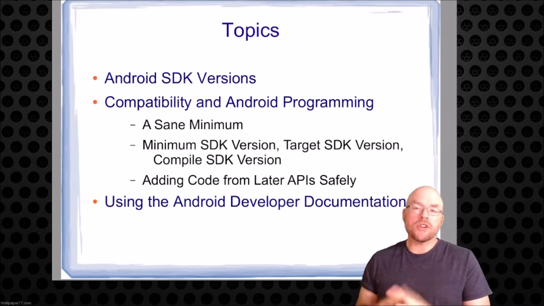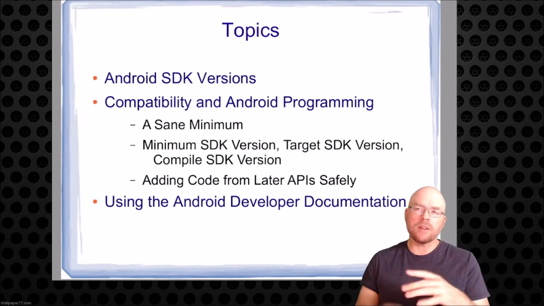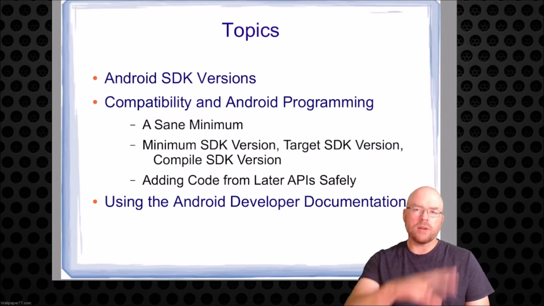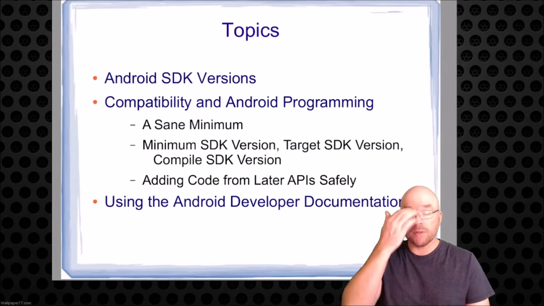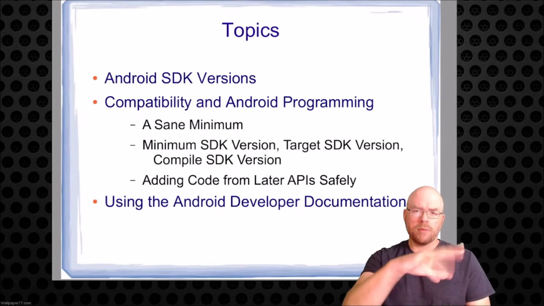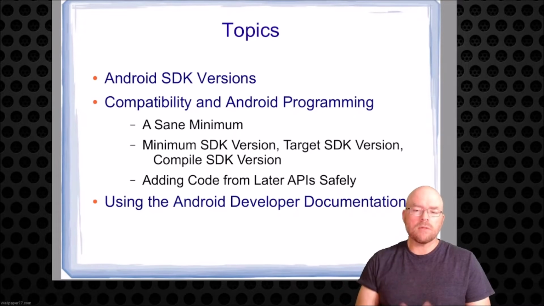So the minimum version: think about when you were buying video games for a PC, for example. On the box, back in the day, it would say minimum requirements. It would say something like Windows 7, or if you're playing on Steam and you look at the minimum requirements, it'll say Windows 8. Same kind of thing here, or similar anyway.